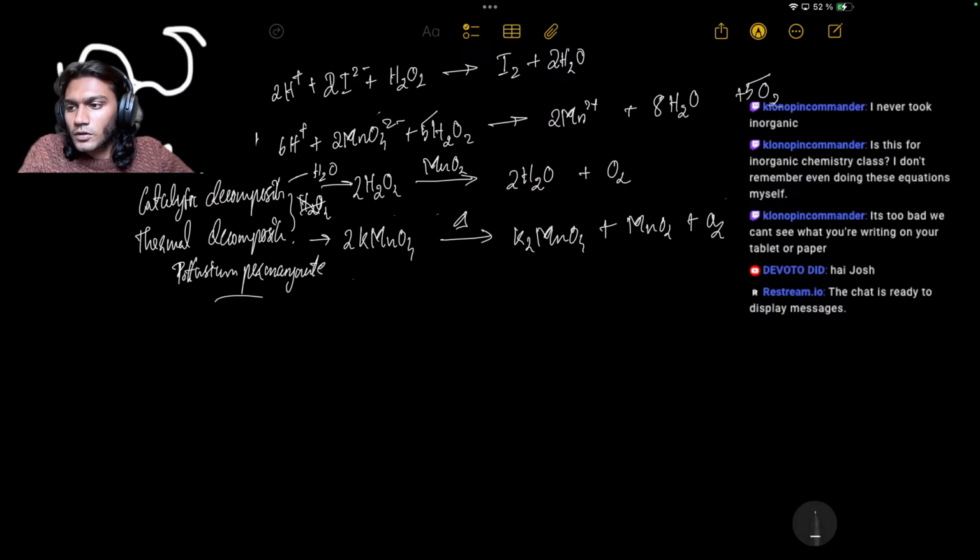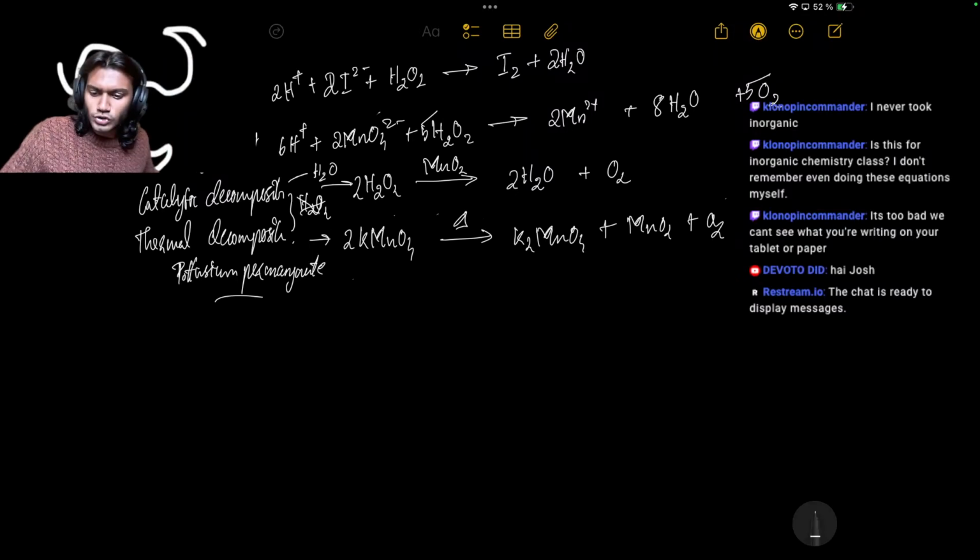Clone open commander, I'm reading the chat using my phone. Is this for inorganic chemistry class? I don't even remember doing these equations myself. I never took inorganic. Okay, so this is not inorganic.